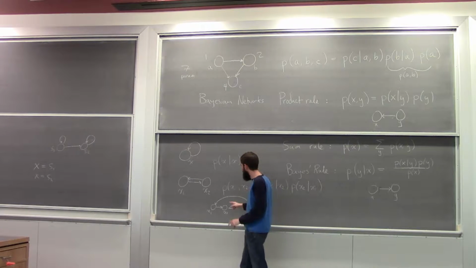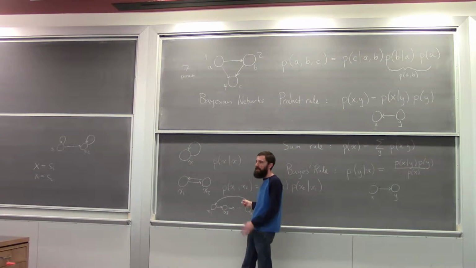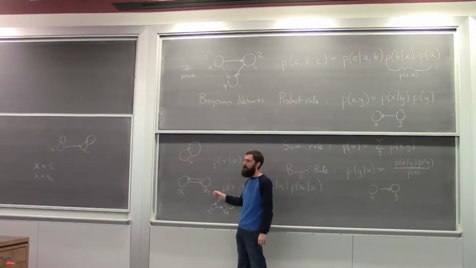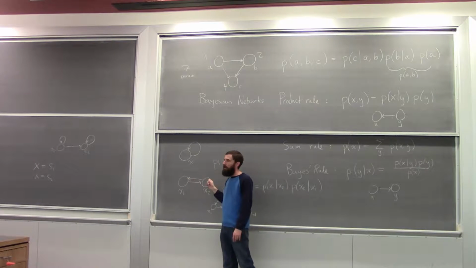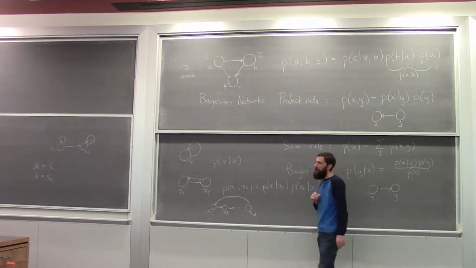Then I would have the chain x1 to x3 to xn. That x2 would pop out, and I would just have a shorter chain. Eventually, if I keep marginalizing these nodes out, I would get down to this case, and I would have this conflict again.